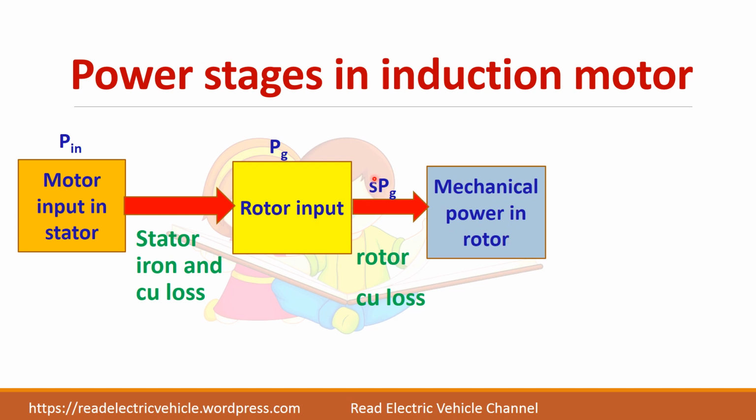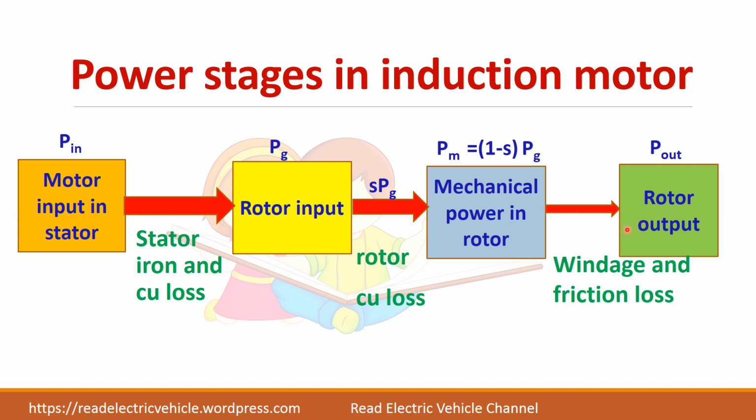So here S times PG is lost. So what will be remaining here? (1 minus S) into PG will be converted into mechanical power. Again, to reach the shaft, some will be lost as windage and friction loss, and only a part of it will be reaching the output.